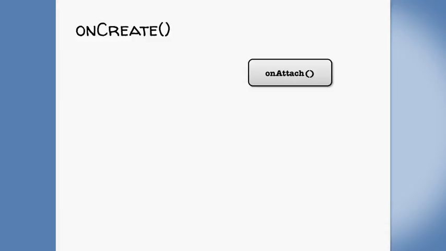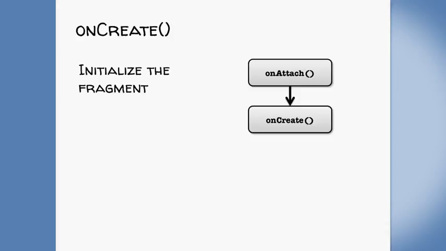Next, the fragment receives a call to its onCreate method. And note here that I'm referring to the fragment.onCreate method, not the activity.onCreate method that we've talked so much about in previous lessons. And as with the activity.onCreate method, you typically initialize the fragment in the fragment's onCreate method. One difference between the two methods, however, is that unlike in activity.onCreate, you don't set up the user interface in fragment.onCreate. That actually happens in the next method.